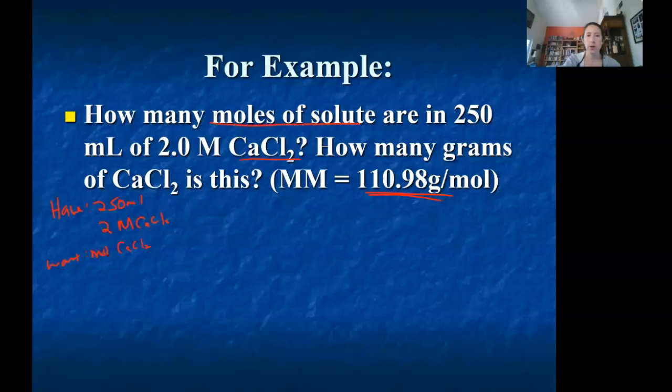Okay, so, well, this is a molarity. See this big M here? Again, that means moles over liters. So there are 2 different ways you can solve this. Whichever way you want is fine. You could say, they're giving us this molarity, and they're giving us the liters.